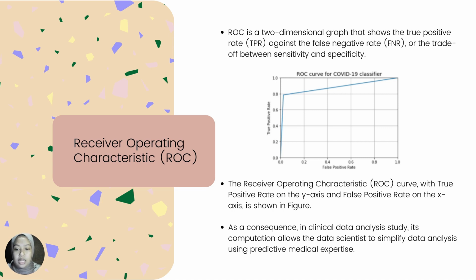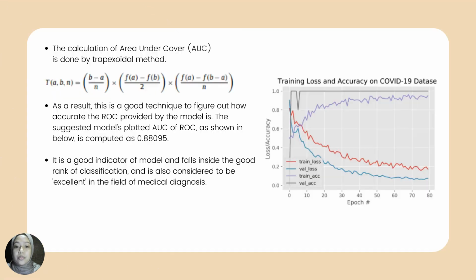As a consequence, in clinical data analysis studies, its computation allows data scientists to simplify data analysis using predictive medical expertise. This is the calculation of the area under the curve, AUC, done by this method.